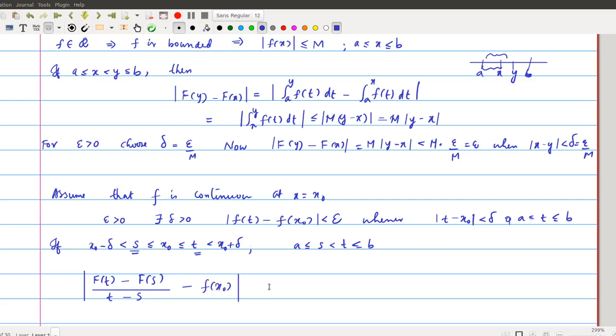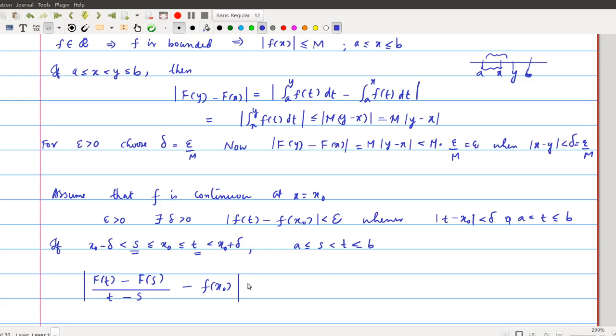And we will prove that as t tends to x naught or s tends to x naught, or s and t tend to each other, this divided difference tends to f dash of x naught. So we can prove that capital F dash of x naught will be small f of x naught. So our intention is to prove the limit as t and s come close to each other.